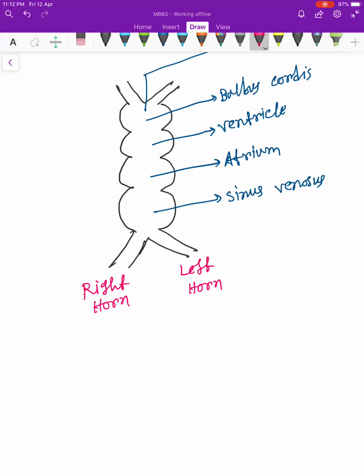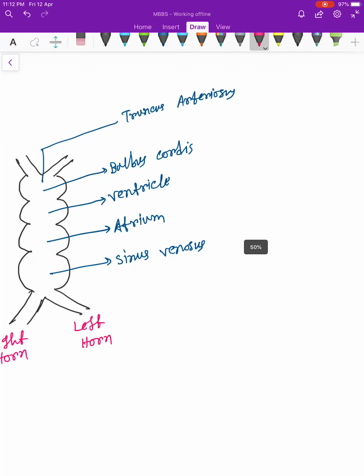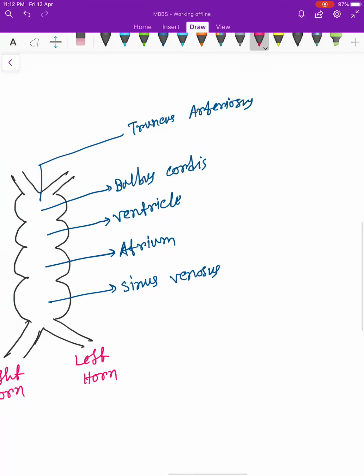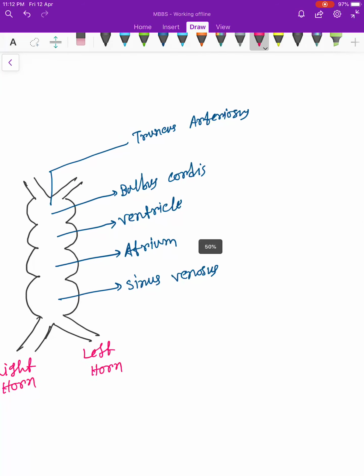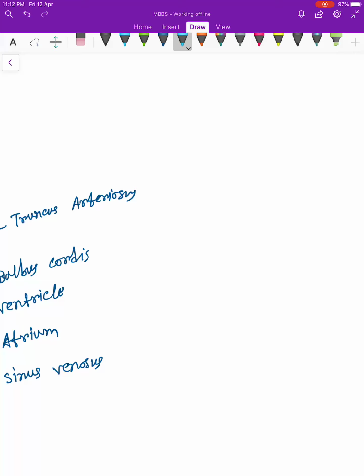Okay, so let's see from which the structure will develop from different parts of the heart tube. From truncus arteriosus, there will be two structures developing. One is ascending aorta, and next is pulmonary trunk.